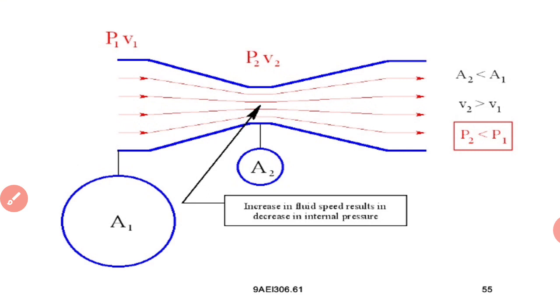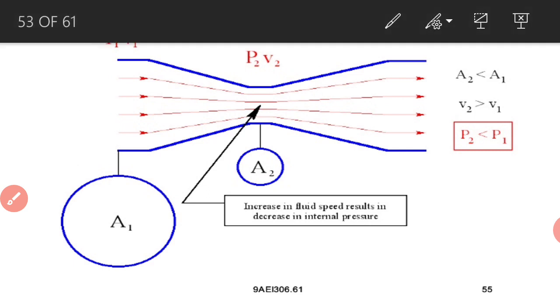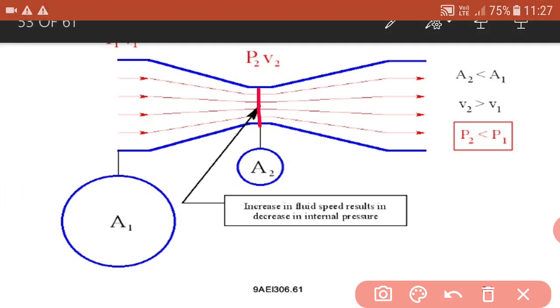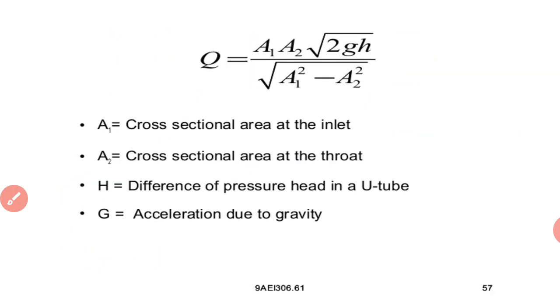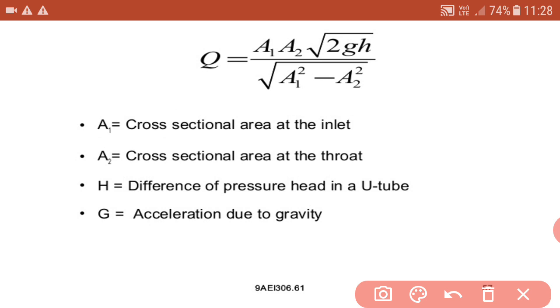So here we can see the area here is A2, and here is A1. H is the difference of pressure head in a U tube, and G is the acceleration due to gravity.